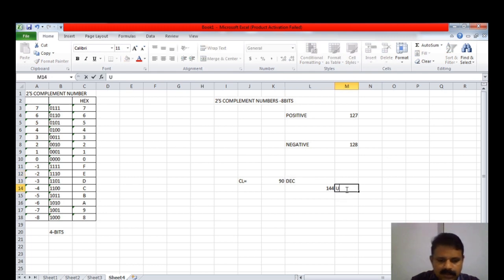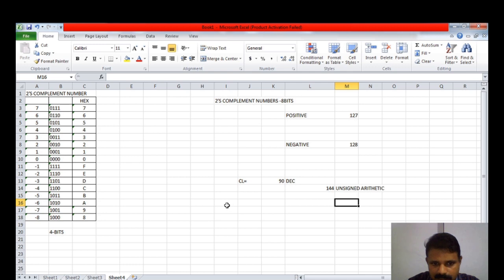This is in unsigned arithmetic. Then, if it is signed arithmetic, what is this 90?